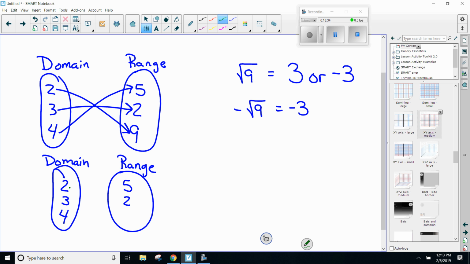If I put 2 into my function, I get an output. Let me add another one here. If I put 3 into my function machine, it's going to produce an output. But if I put 4 into the machine, it goes with 9 or it goes with 2.